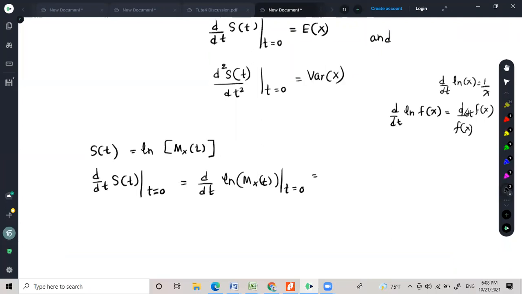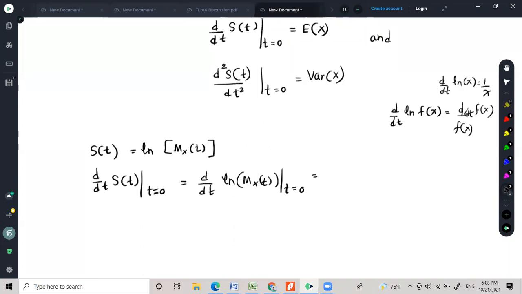You have 1 over f(x) and then you have to go inside the function and take the derivative of what you have inside this function. So you have d/dt f(x). This is 1 over f(x) times d/dt f(x). So you have to do the same thing here, okay? For 1 over x, that's fine because d/dx x is 1, right?